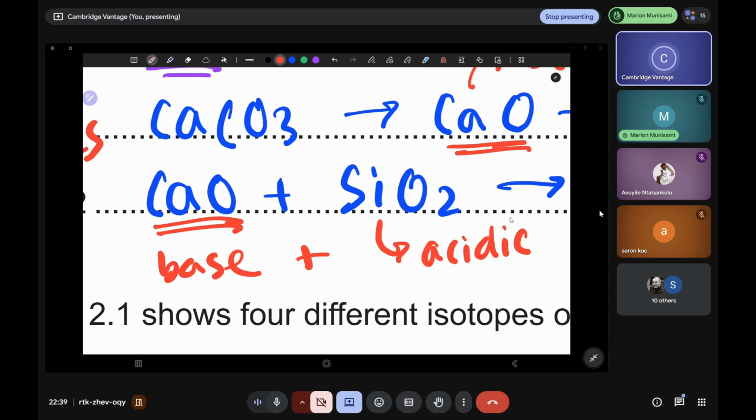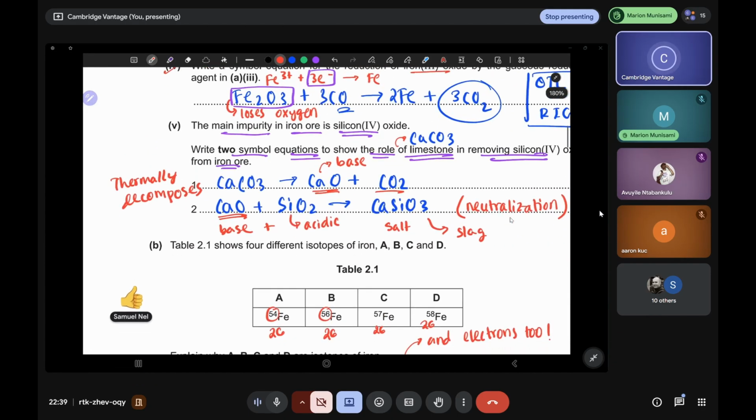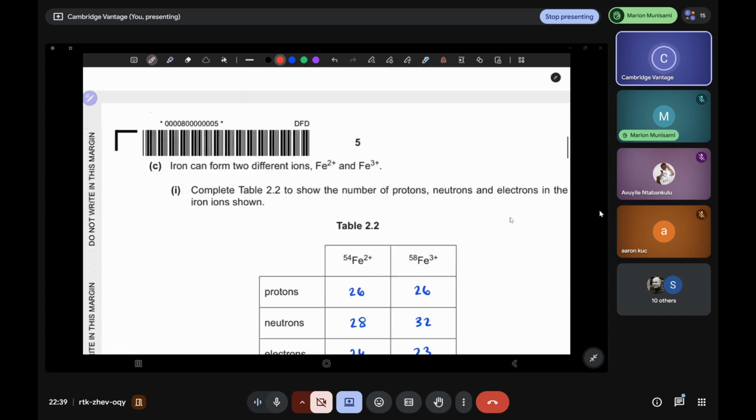So over here, due to the fact that SiO2 will react with your base, calcium oxide, that is why it's called an acidic oxide. But obviously, yes, there are explanations for all of these as well, but it is beyond the scope of your IGCSE syllabus, so I'm not going too in depth in that case.